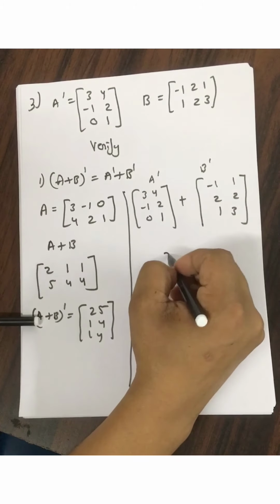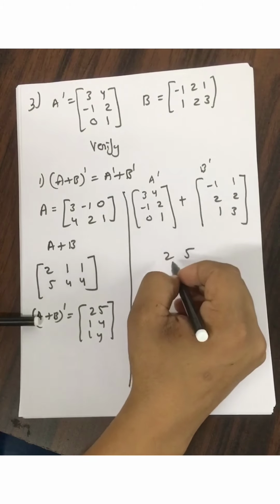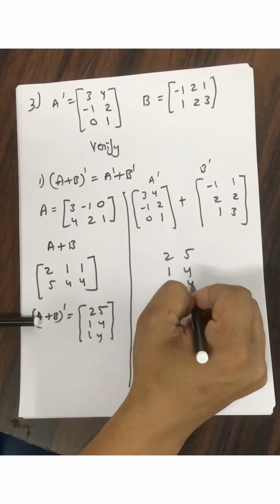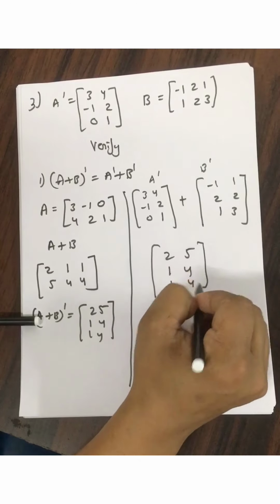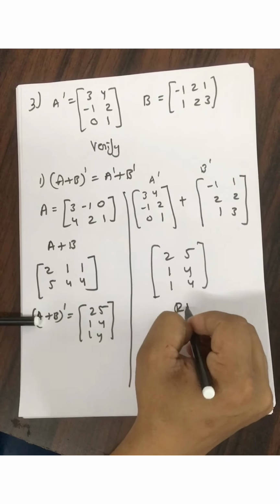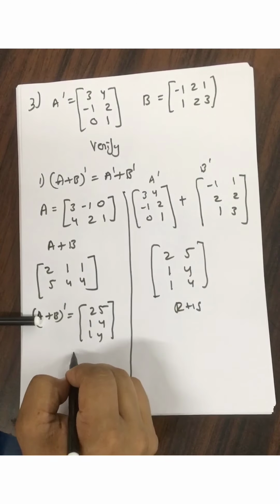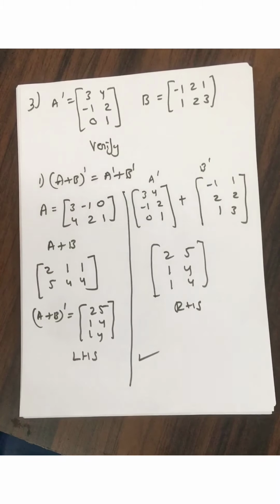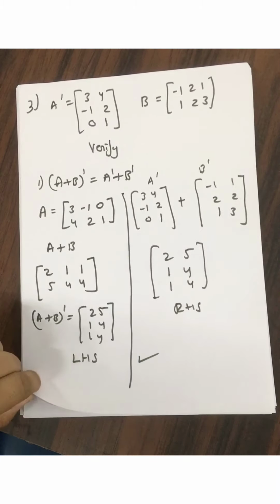Is it coming the same? Yes, 2 5, and this 2 1 4 1, and this is coming 4, yes, got it. This is RHS, and this was left hand side, both are coming equal, good, got it, quite simple.